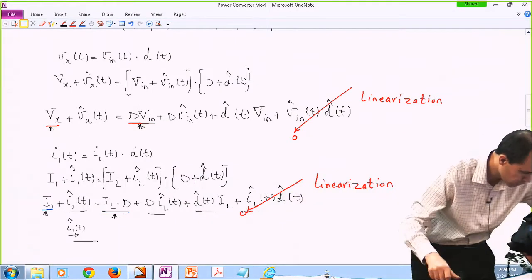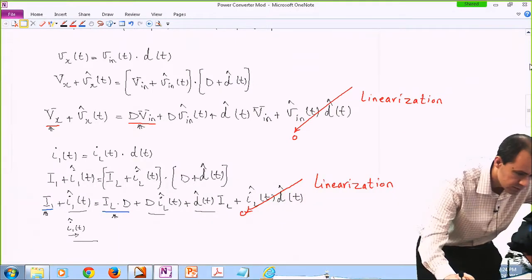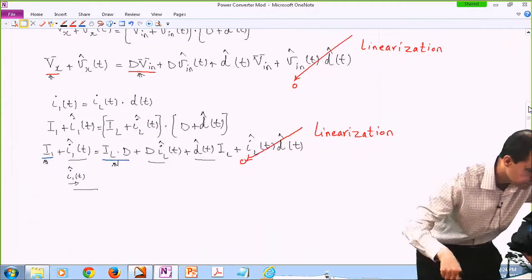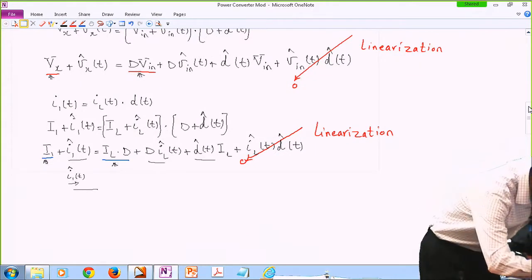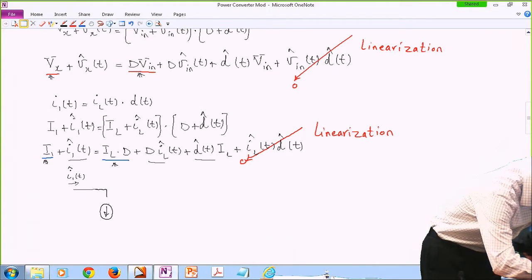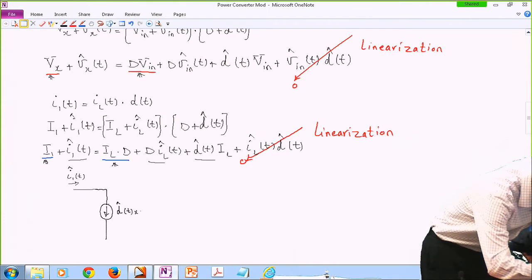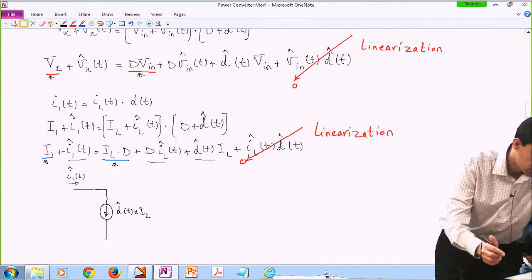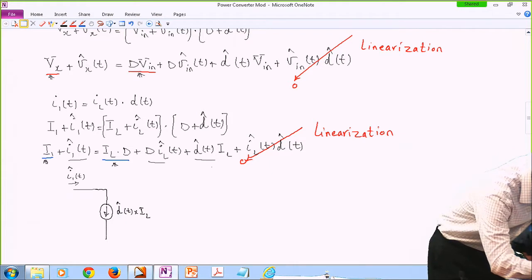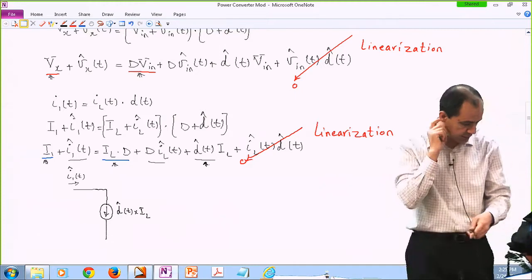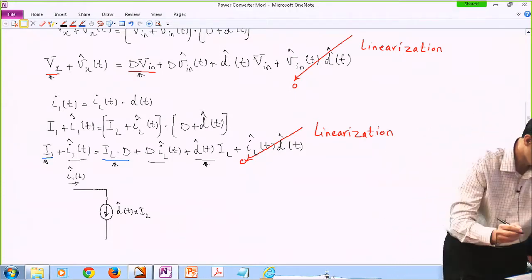Okay. So the equivalent circuit model looks like this. So have these two equations in mind. All right, so this is basically taking care of this term over here. Then I have another current, which is capital D times IL.